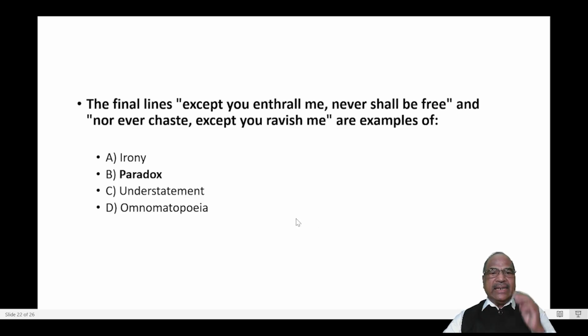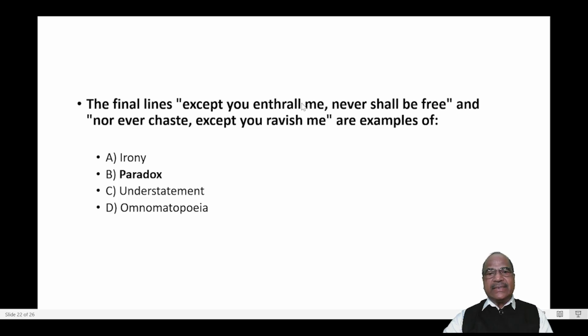The final lines, except you enthrall me, never shall be free, and nor ever chaste except you ravish me, are examples of paradox. Here also this paradox is there, because contradictory things are said and it has no logic but has an insight. So, except you enthrall me, never shall be free. Enthrall means enslave.